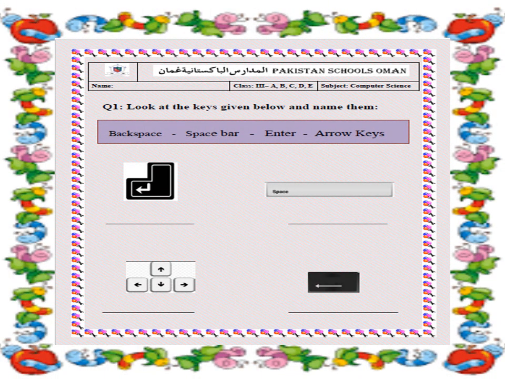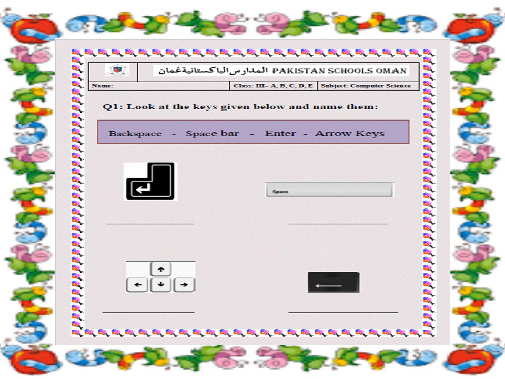Now hope you all have understood about the keys on your keyboard. On your screen you can see a worksheet. You have to solve it, and you have to identify and name the keys given below. The question is, look at the keys given below and name them. The options are given in the purple box.